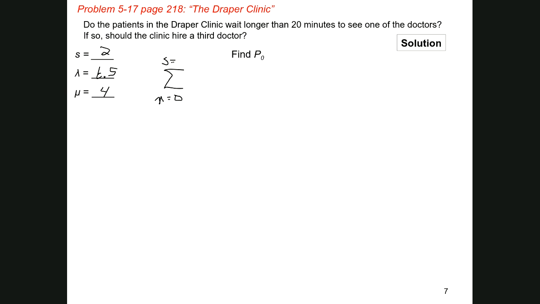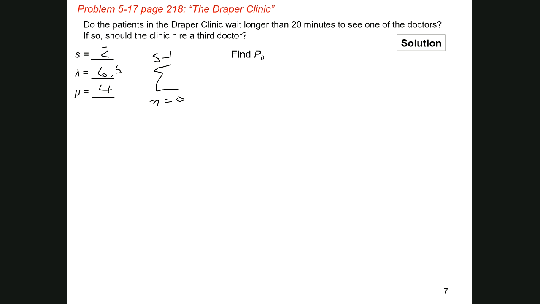Let me begin this again. Sorry about that. 6.5, 4. We're going to make a sum for n equals 0 to s minus 1.